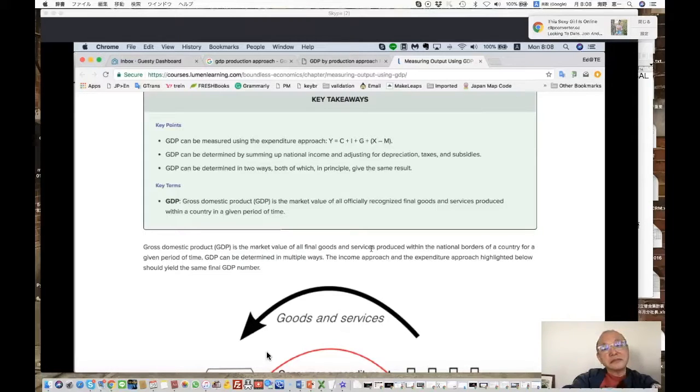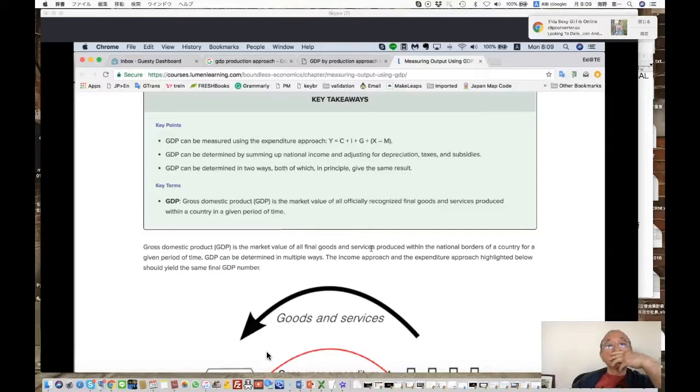In order to avoid double counting, if for example I buy raw materials for 100 yen, and then I do my thing as a manufacturer and sell it for 200 yen, then the total value would be 300 yen. But that doesn't work.